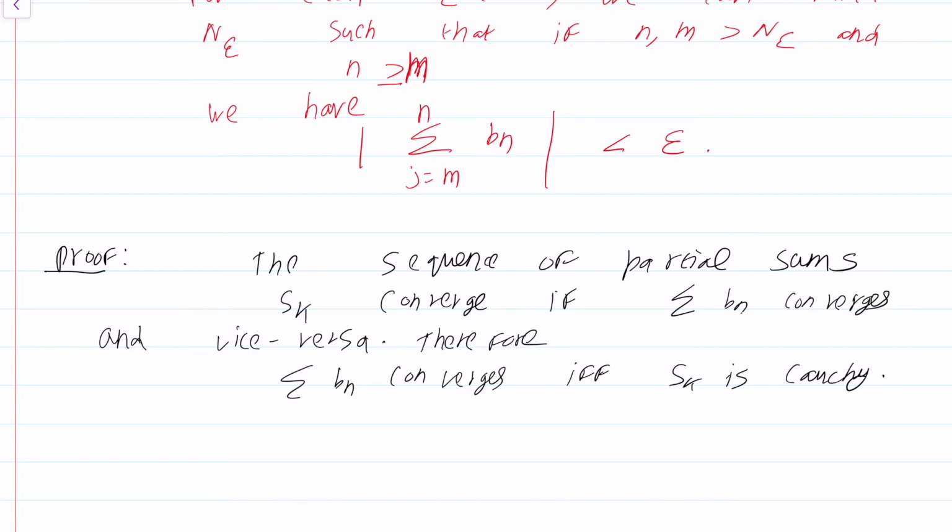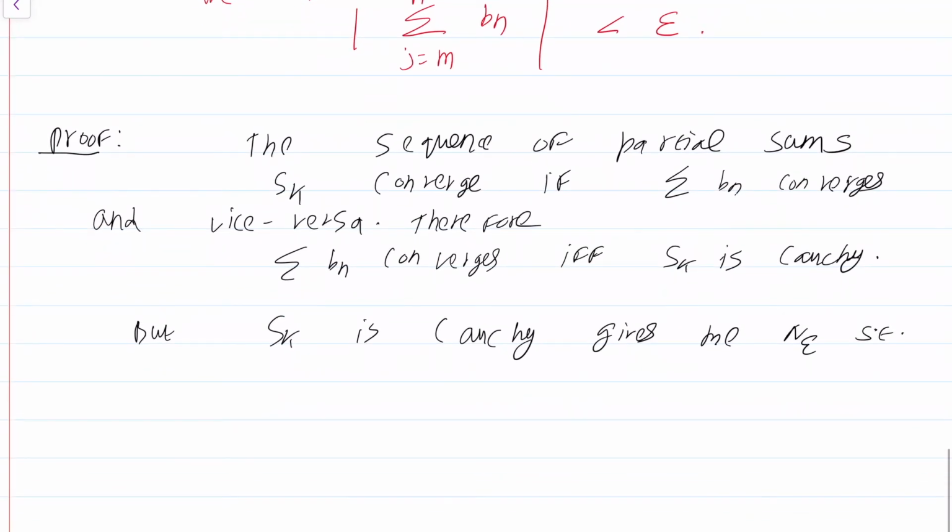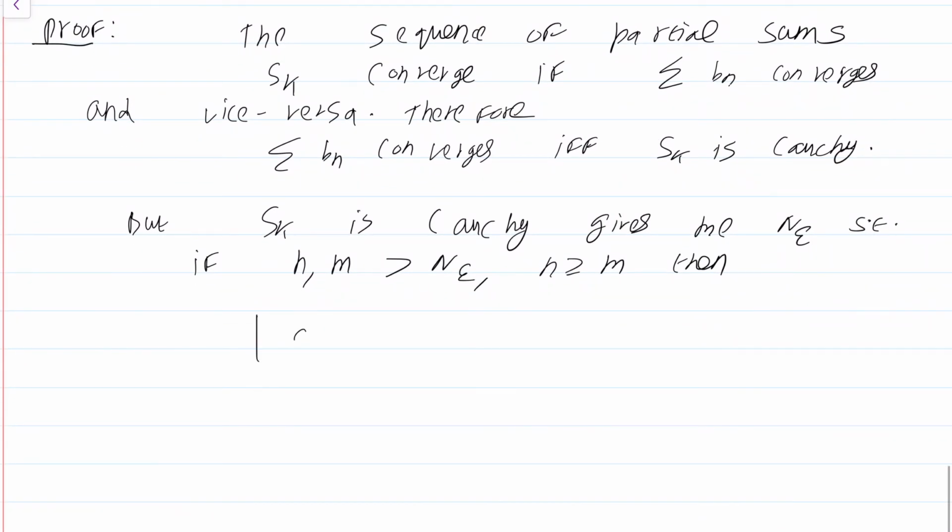But Sk is Cauchy gives me N epsilon such that if n, m greater than N epsilon and n greater than or equal to m, then mod Sn minus Sm is less than epsilon, right? That's what Cauchy's convergence criterion is.